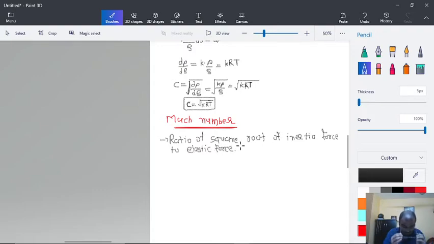So M is equal to the square root of inertia force to elastic force.